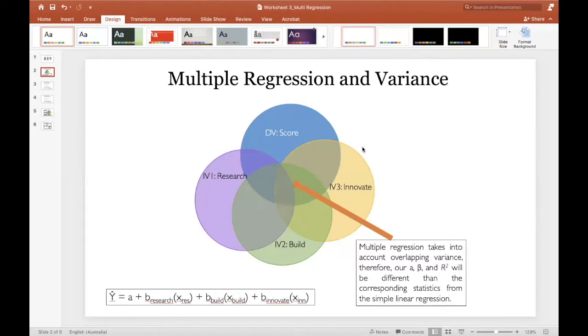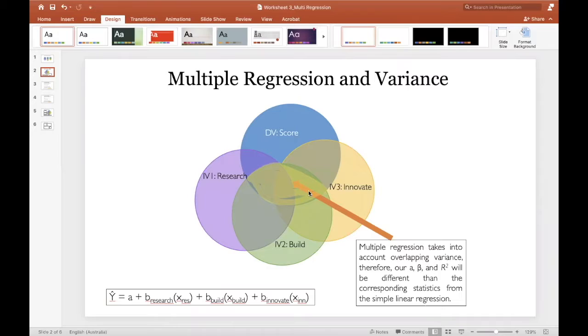Each of these independent variables will overlap with our DV, but they all also overlap with each other. And that overlap is really important to understand because it means that in this area, we can't actually conclude if our predictors are providing any unique information compared to the other predictors in our model.